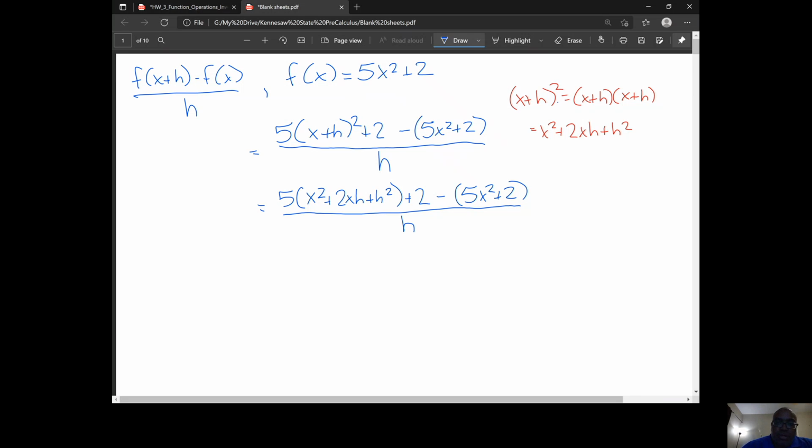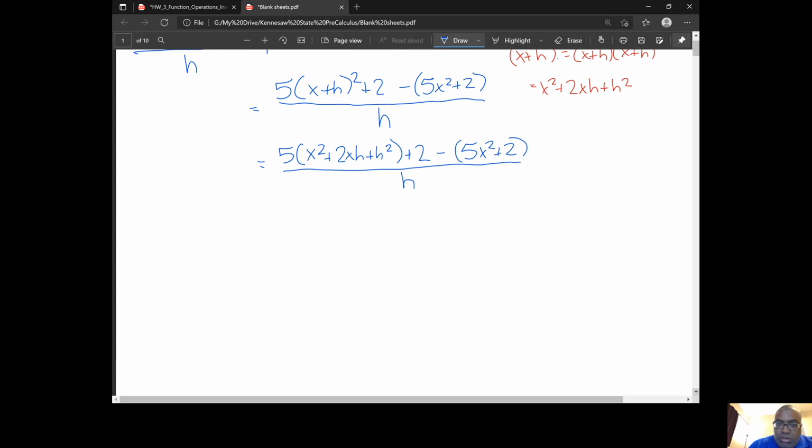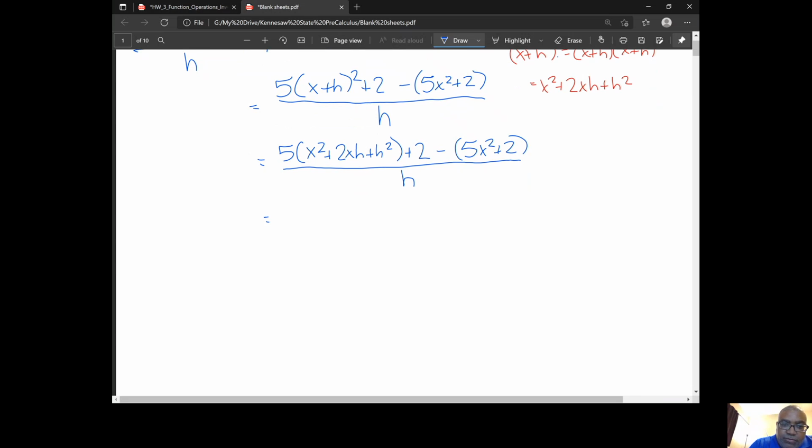Let's do a little simplification here now. So that is equal to 5x squared plus 10xh plus 5h squared, plus 2 minus 5x squared minus 2, and that's over h.